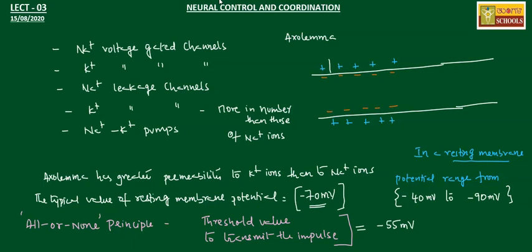If it is under this, the neuron will not transmit any impulse, and reaching this will make it transmit the impulse. So that is what we say: the neurons follow the all or none principle. Either they transmit or they don't transmit at all. They will transmit the impulse only when the value reaches minus 55 millivolts.